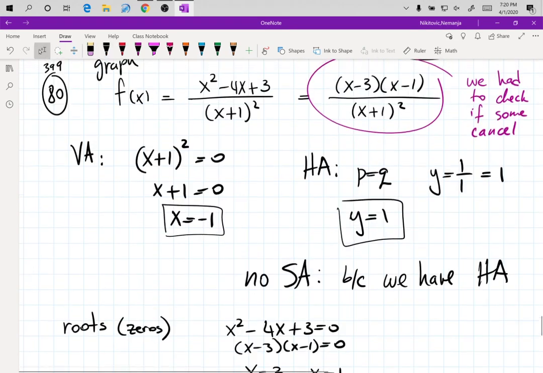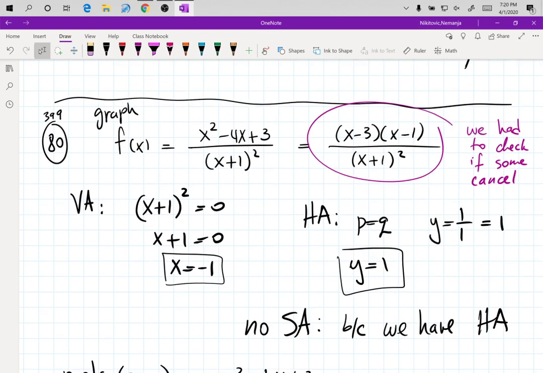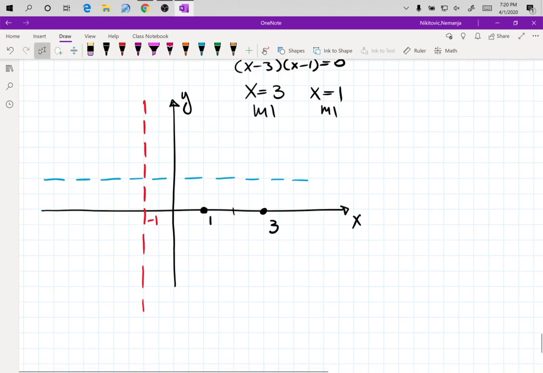All right, so let's check this one more time. We have this, we have this, the x squared, that gives us negative 1 for the x. That's the vertical asymptote, because, okay, good. And then, all right, fine.